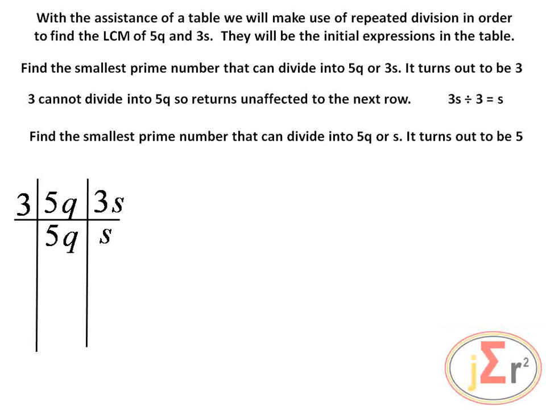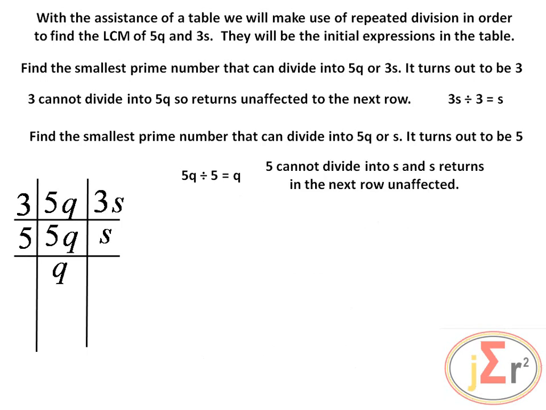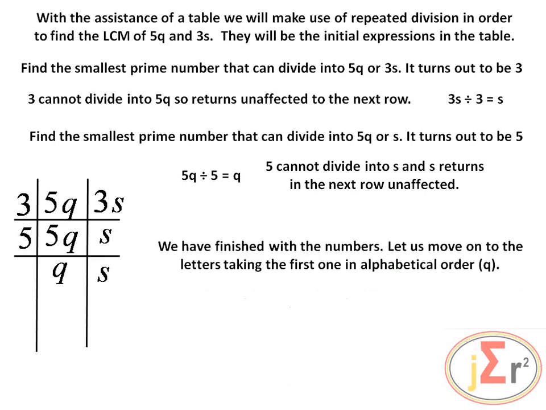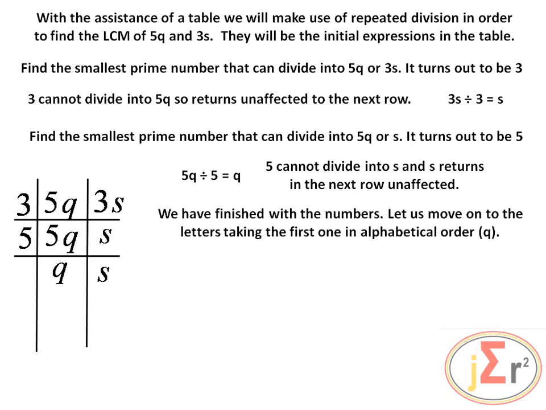So we are using 5. 5 into 5q, the 5s will cancel and we will have the quotient of q. Then 5 into s is an impossibility, so the s will return unaffected. Now we have finished with the numbers.